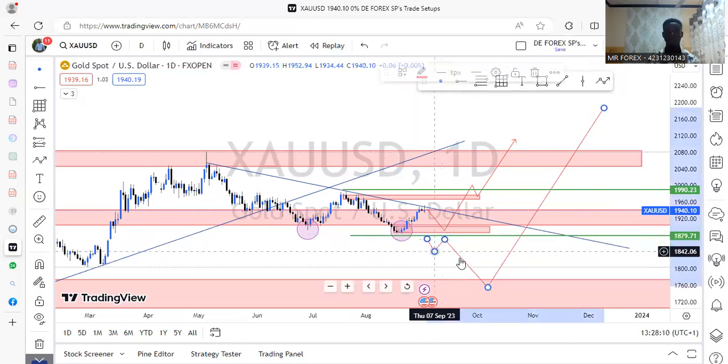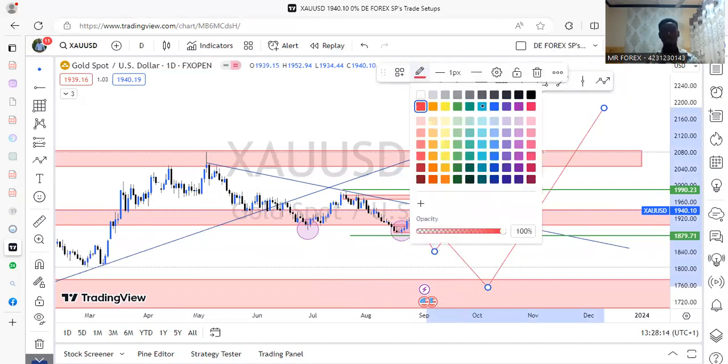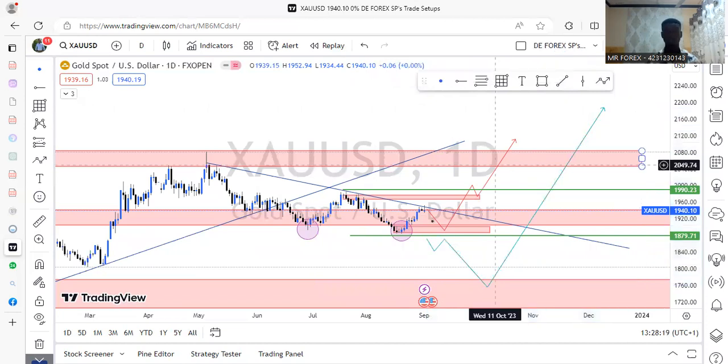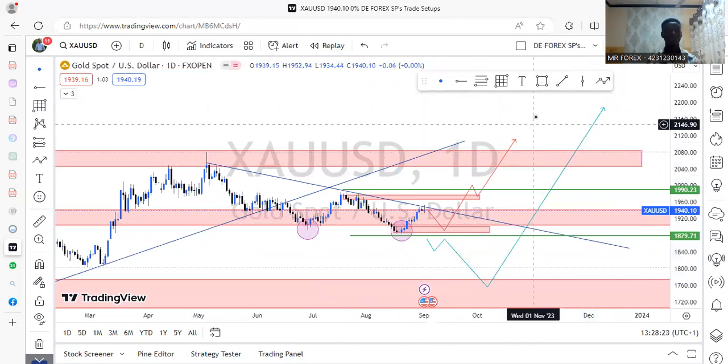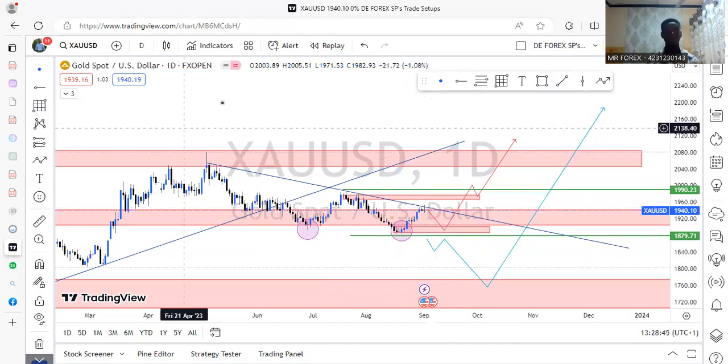But this one is an if. This one is an if, but this is the actual one that we are looking at. This is the actual thing that I'm looking at in the week. So we expect some sales. So currently, if you want to look out for some trades, you expect some sales on XAUUSD because there will be some bullishness on DXY.